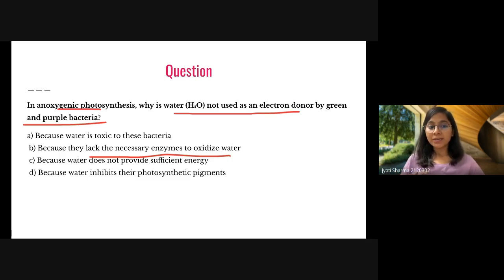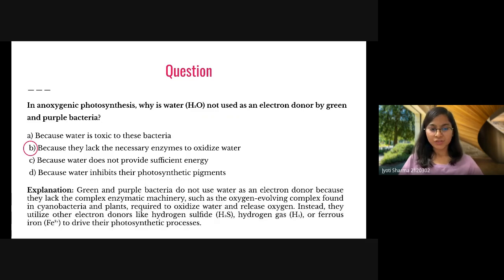Because these bacteria do not have the necessary enzyme that can oxidize water, they are not utilizing water, but they are utilizing H2S, hydrogen sulfide, as the electron donor. So that's why B is the right answer.